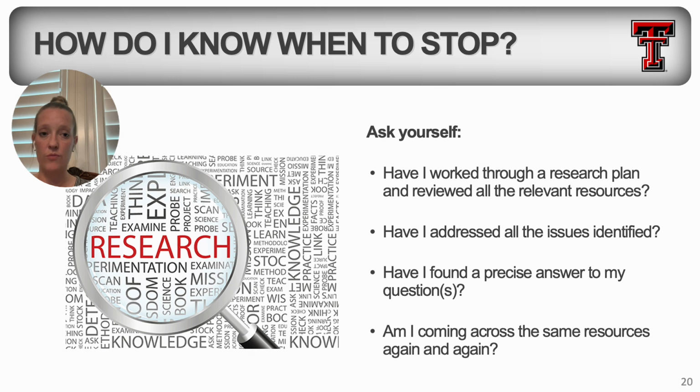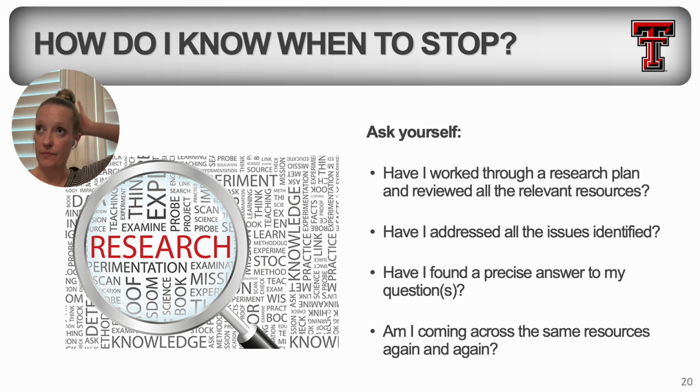And specific to steps 3 and 4, with both codified and case law, making sure that we have taken the time to use this citator tool, KeyCite or Shepard's, whichever it is, to ensure that the law that we're relying on remains good law. So I often get this question from law students asking me, how do I know when to stop, right? How do I know when I'm done with my research process?